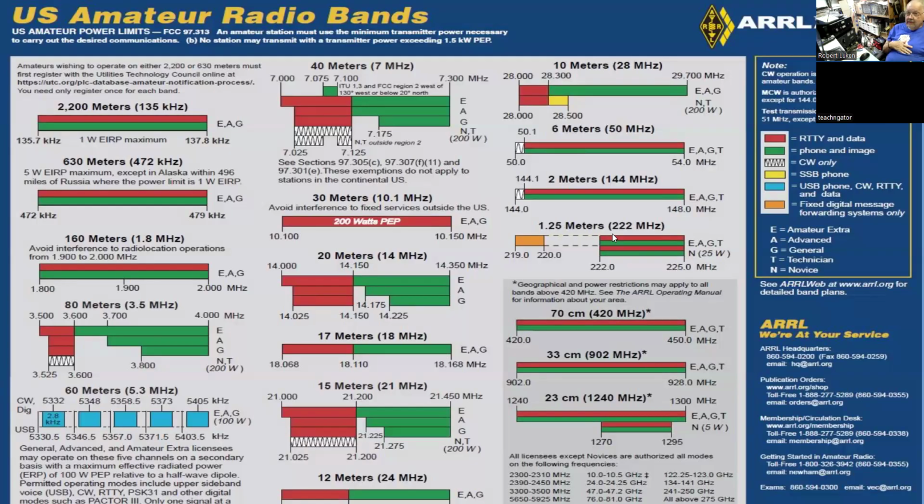This is a standard radio band chart showing, from the, and this is a fairly new band that they've adopted, the 2200 meters. It's kind of weird. You're only allowed 1 watt. All the way up to the 23 centimeter band.